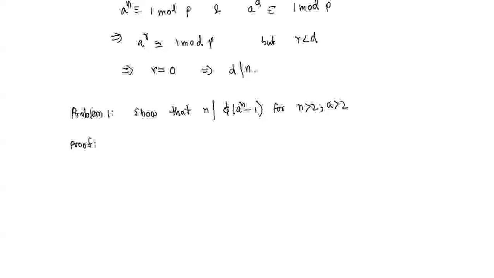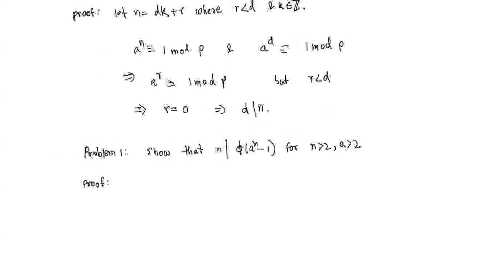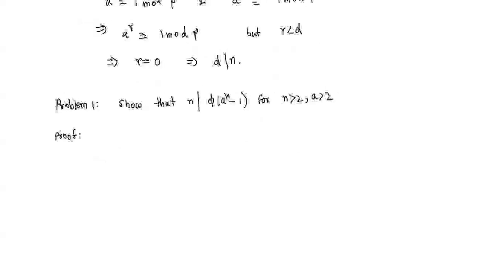You have to show that this number is divisible by n. You mean the number of numbers that are relatively prime to a to the power n minus 1 is always divisible by n? Yes, that's what we need to show.